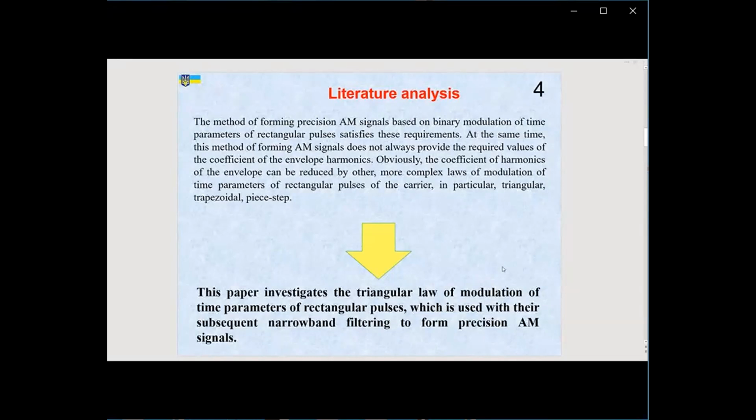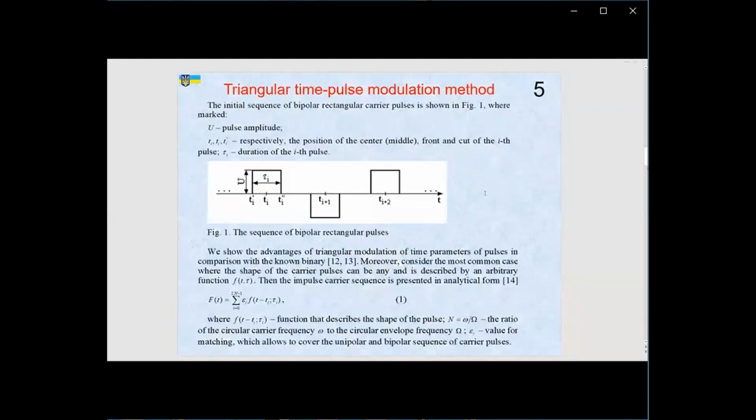This paper investigates the triangular laws of modulation of the parameters of rectangular pulses, which is used with sequential narrowband filtering for processing the pulse modulated signal. The unit of the sequence of binary rectangular carrier pulses is shown in Fig. 1. We show the advantage of the triangular modulation of time parameters of pulses in comparison with the binary.